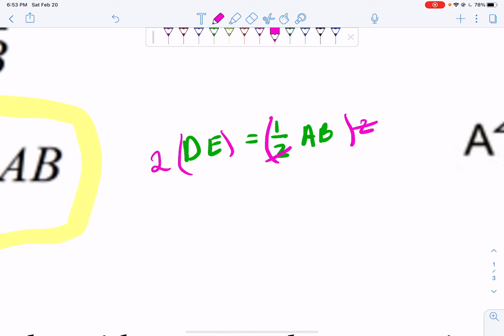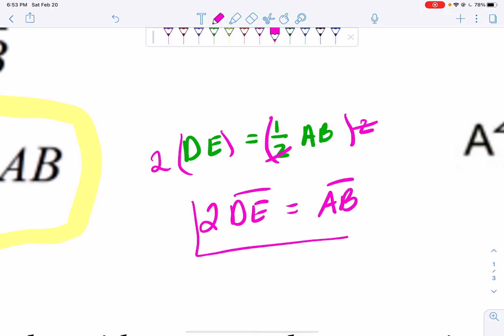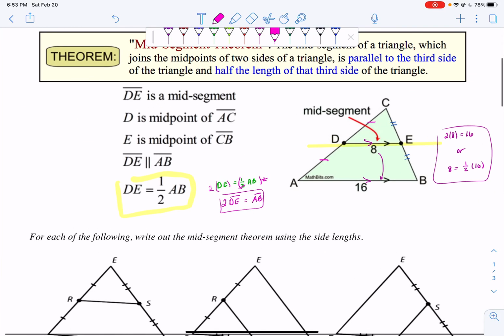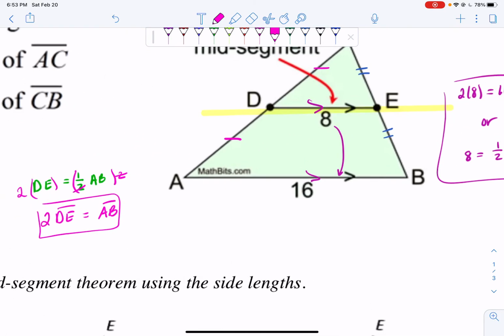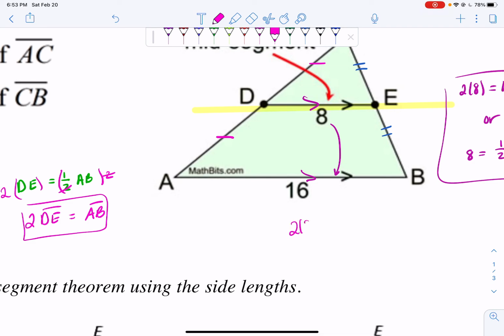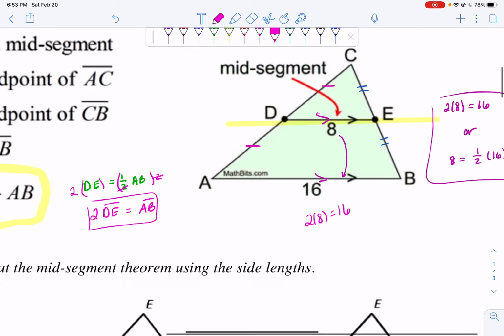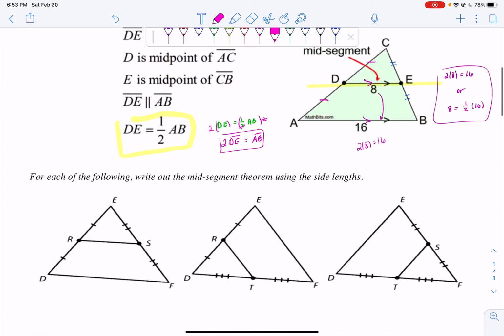So my 2's cancel. So I get 2DE is equal to AB. So I can say 2 times my midline is equal to my base. So just like here, 2 times 8 is equal to 16. That's the way I would recommend it. It just makes a lot of sense, and you don't have to really deal with a fraction.